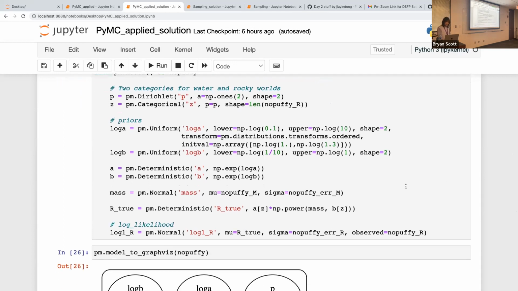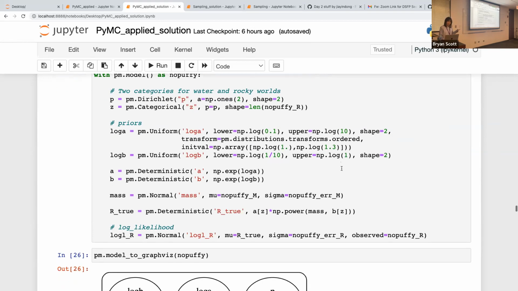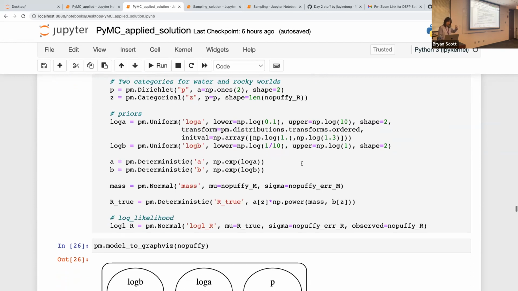And then the trick here is, since we now have two power laws, which power law do we use for each planet? This C parameter gives the shape for the lines of the planet. Each planet has its C, and our A and B have a shape of two, for the rocky and water world populations.